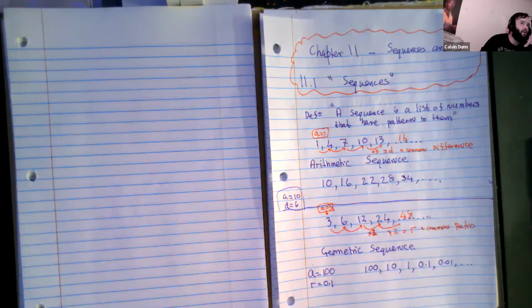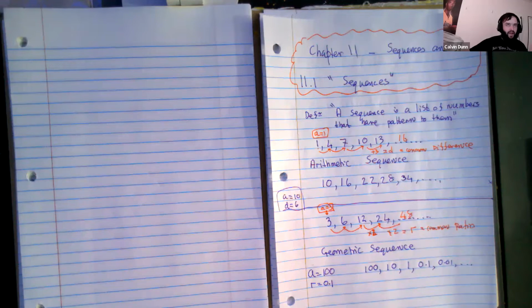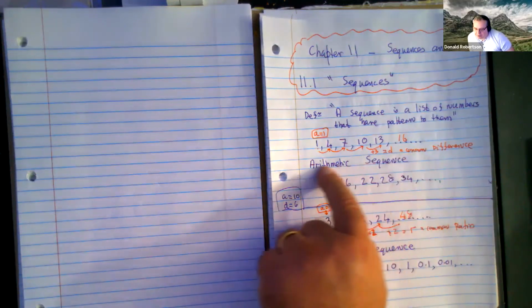So, real quick, a geometric sequence is always going to be when we're doing multiples of something, and arithmetic is adding. Would that also be true if we were to subtract or divide? If you subtracted, it would be arithmetic.